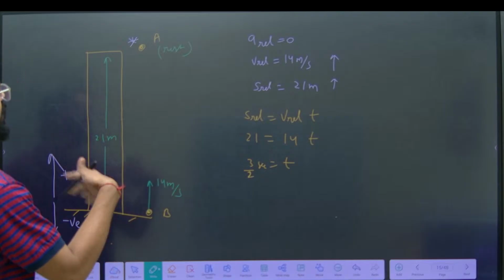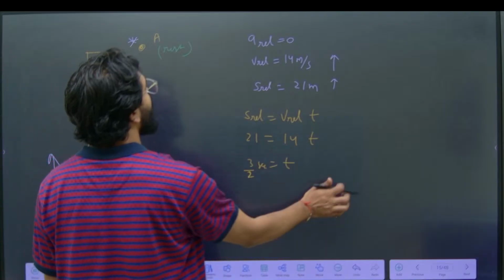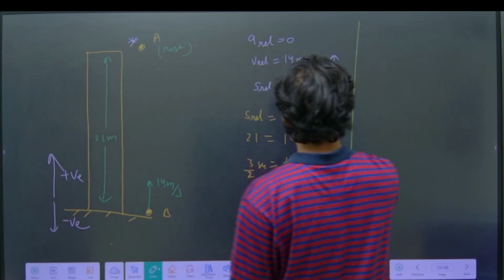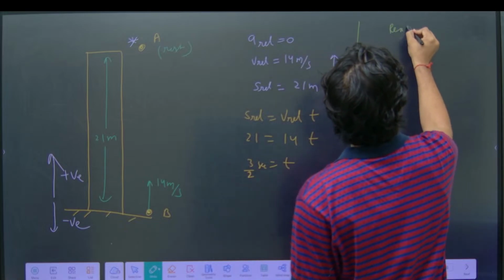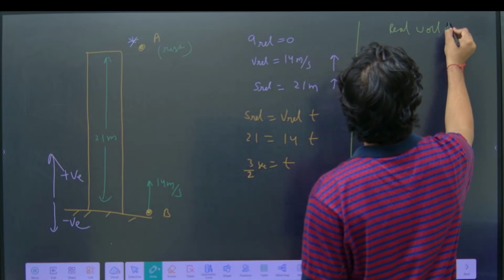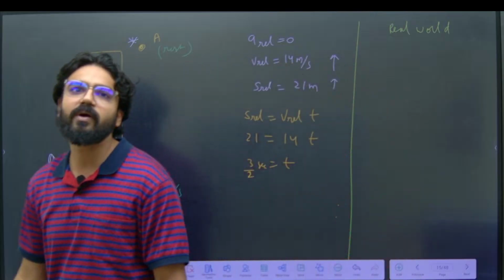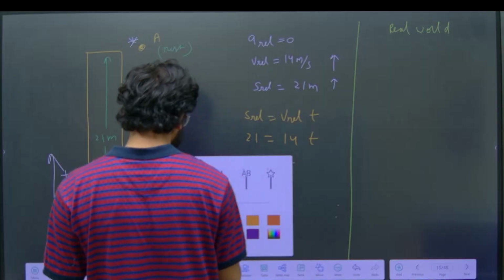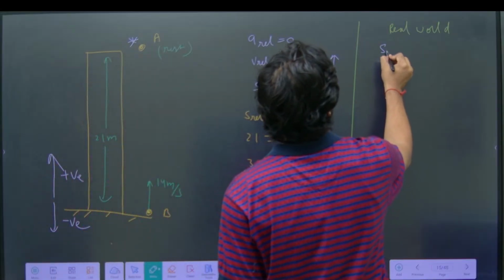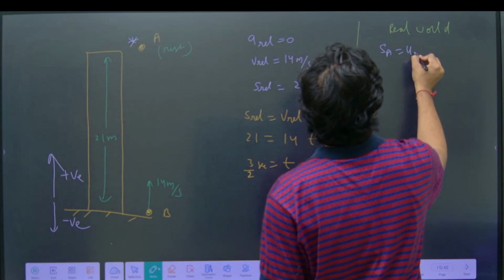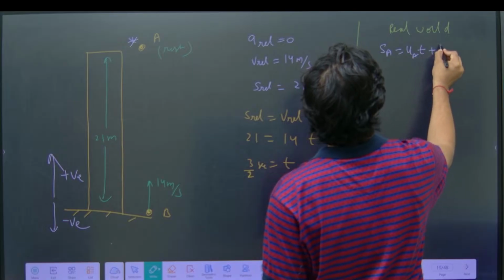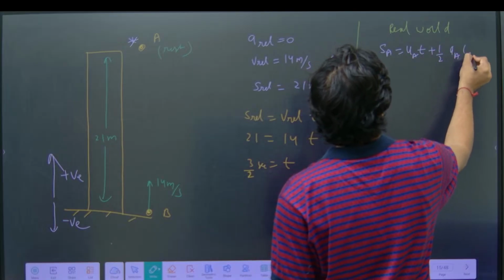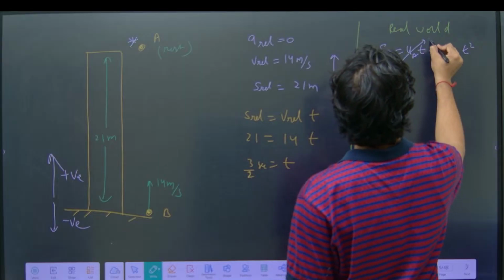So now we can go to the real world. In the real world, we can use the time, because time is never relative, at least in our case. So we can say S of A equals U of A into T plus half into a of A into T square. Initial velocity is 0.